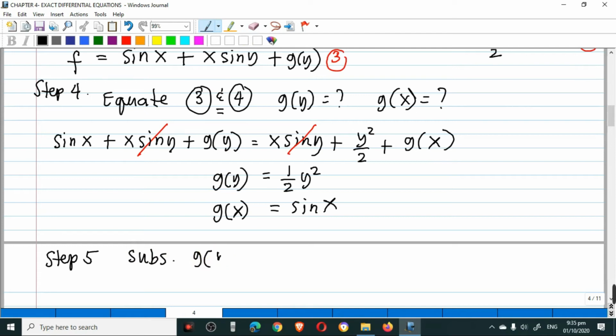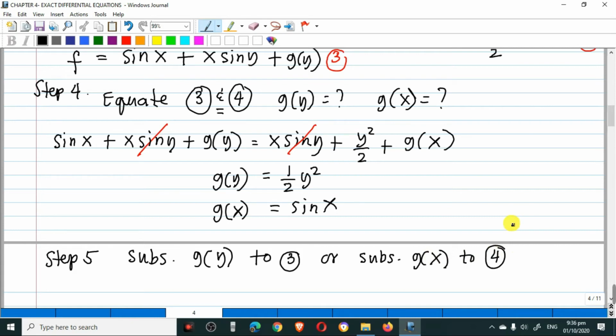It's either of the two, pwede mong gamitin. So, let us use both. So, if you are going to use gy, substitute gy to equation number 3. Di ba? Kasi andun yung gy. Or, substitute also the value that we get dun sa ating gx to equation number 4.